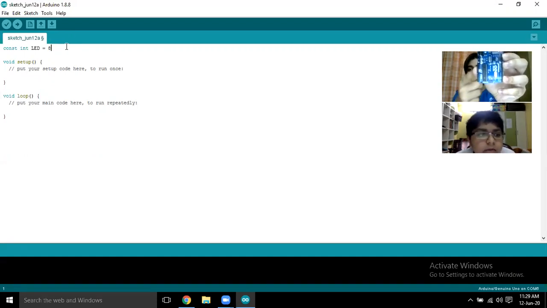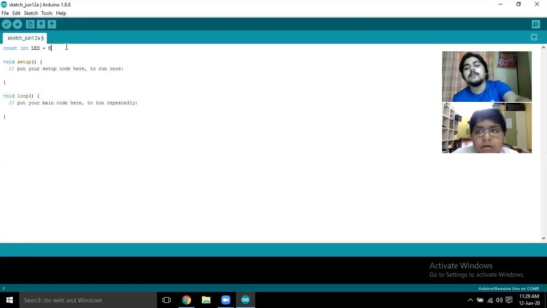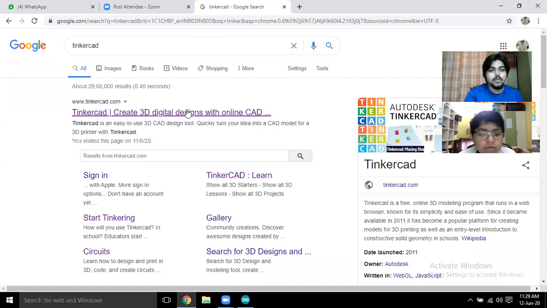This one is the analog pin section, and this is the power section. You cannot see it? Okay, I will be sharing the screen, and I will show you the picture of Arduino. Then I will easily point with the cursor, and you will easily see that.